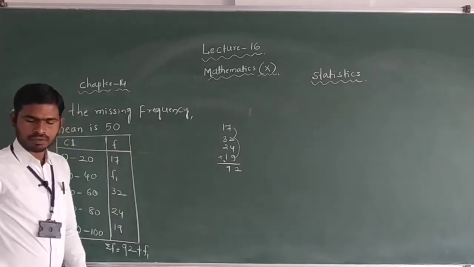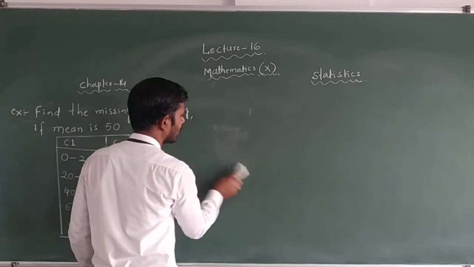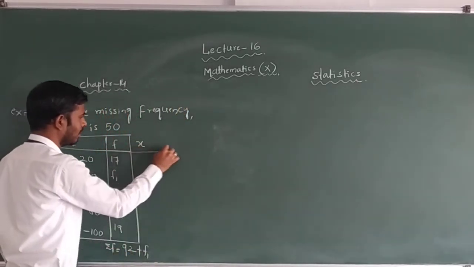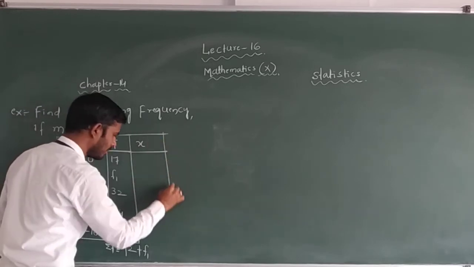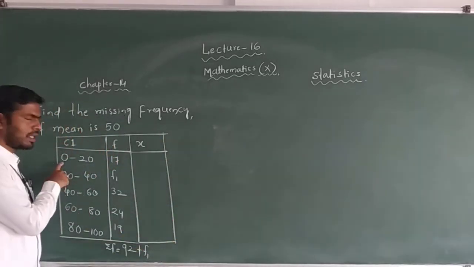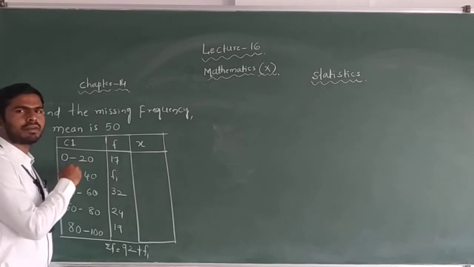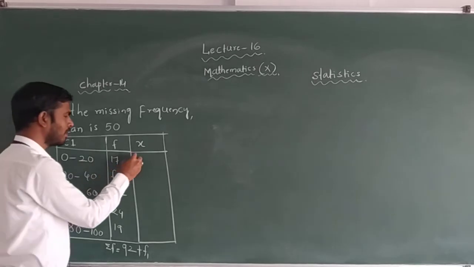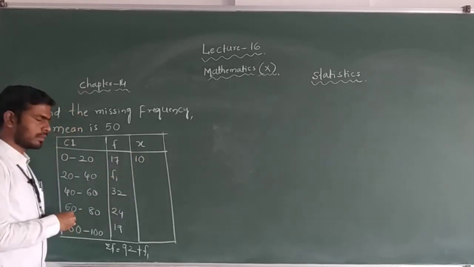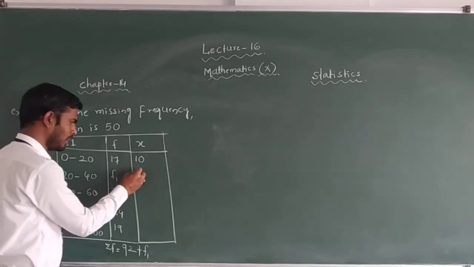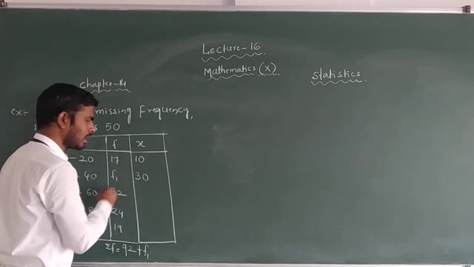Next you have to find the x, the class mark. The formula is lower limit plus upper limit divided by 2. So 0 plus 20, 20 divided by 2 gives 10. Next 20 plus 40, 60, 60 by 2 is 30.